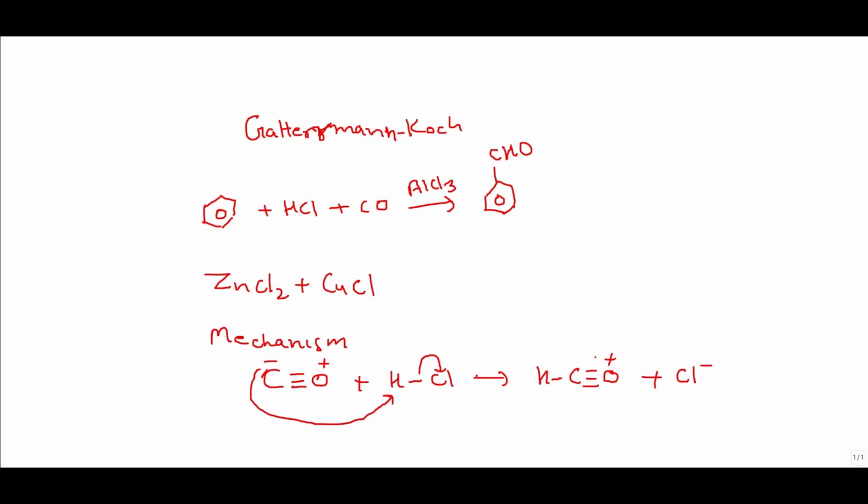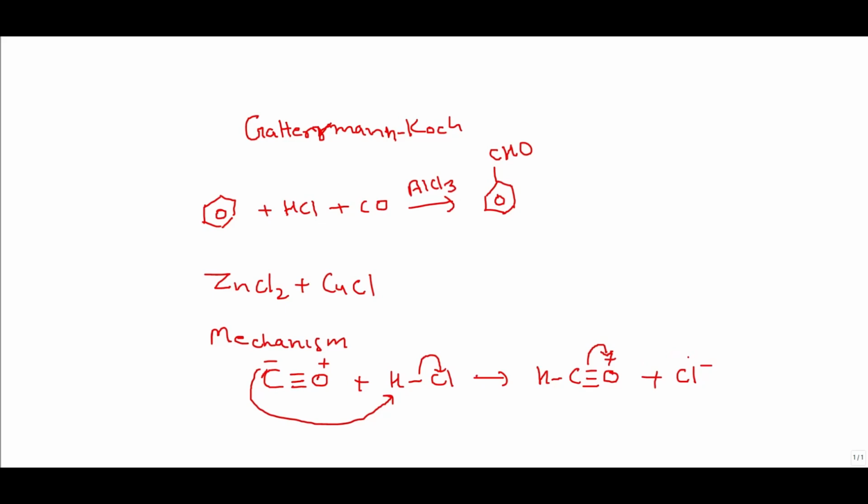So, what it does is that it withdraws electron density from carbon. So, carbon becomes electron deficient. Oxygen can also take electrons of pi bond to get neutralized. That means its positive charge disappears after receiving these pi electrons, and this process generates a positive charge on carbon.